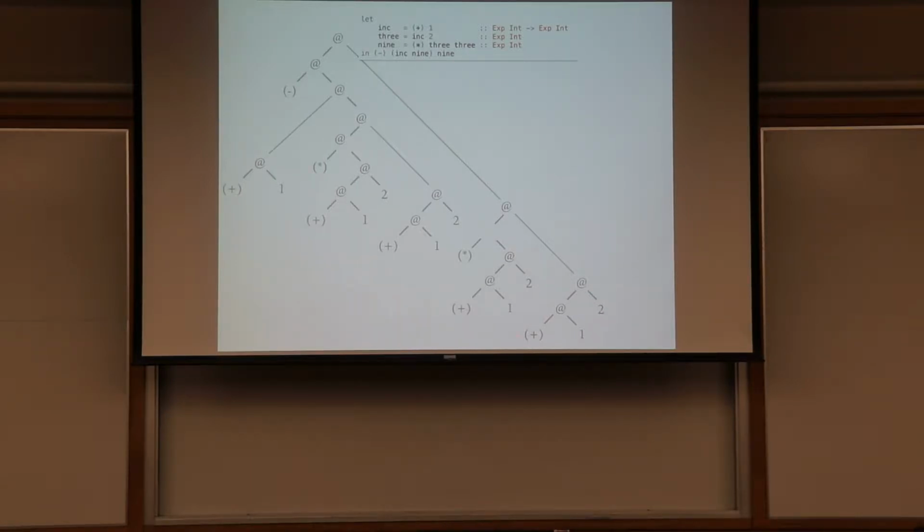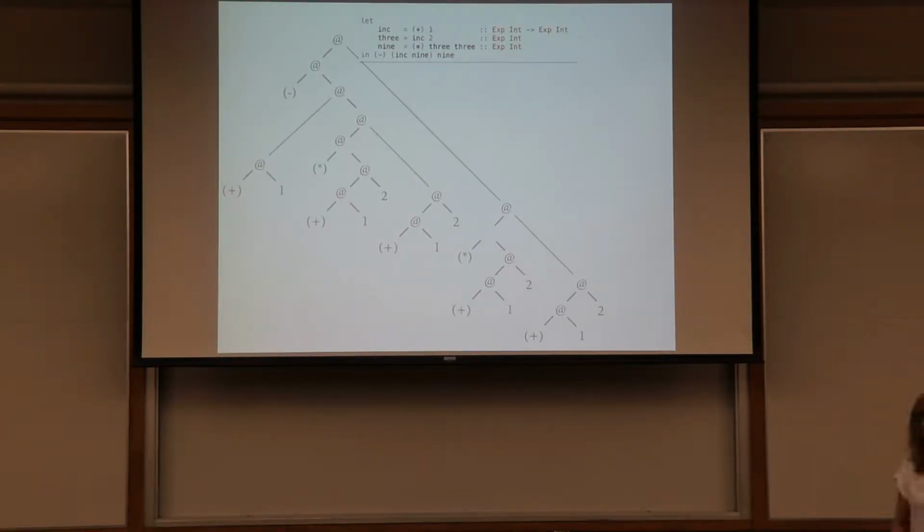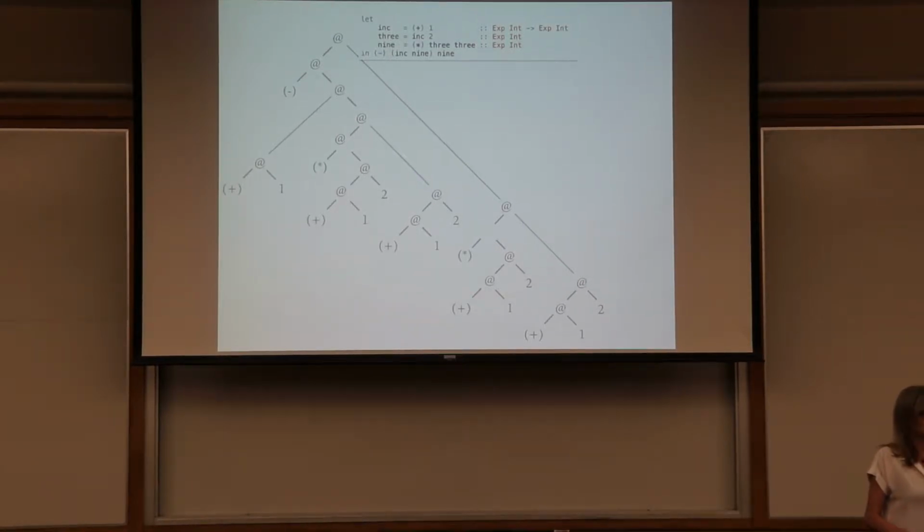So this means function plus applied to 1, applied to 2. So we have lots of expressions which are used multiple times, and that is what conceptually the abstract syntax tree looks like.